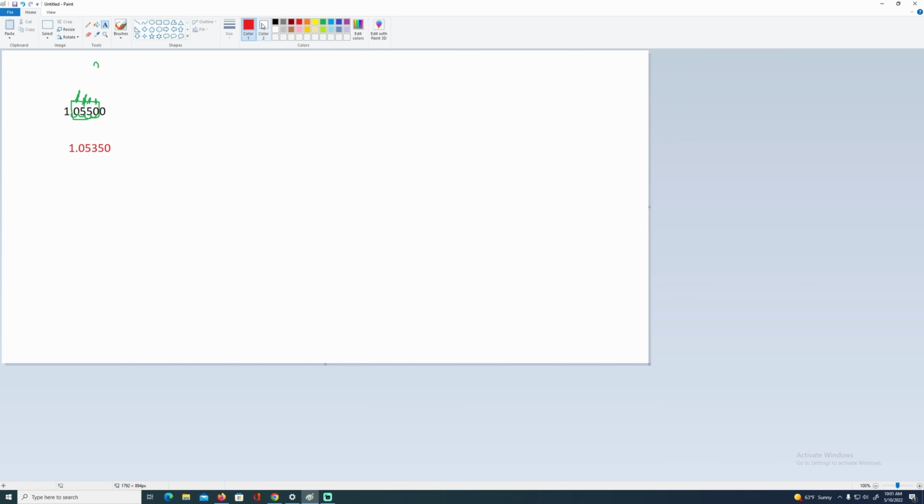Now if price went down, we do the same, 1, 2, 3, 4, and to easily calculate this, we just take these numbers and read them. We know we had 550 over here, and now it's 535. So how many pips? 15 pips. That's how much it went down in price.